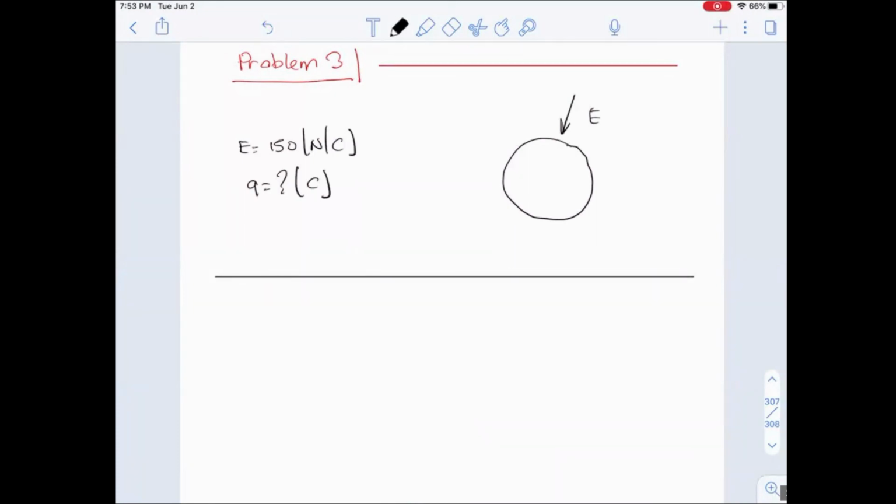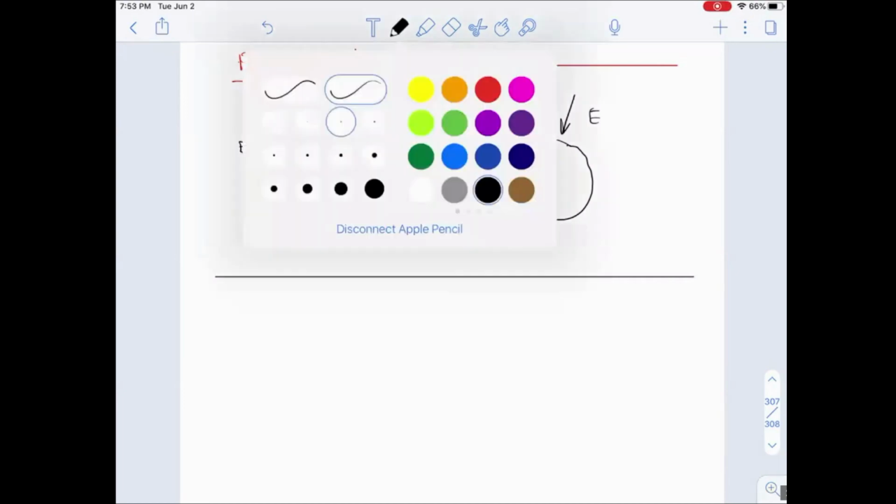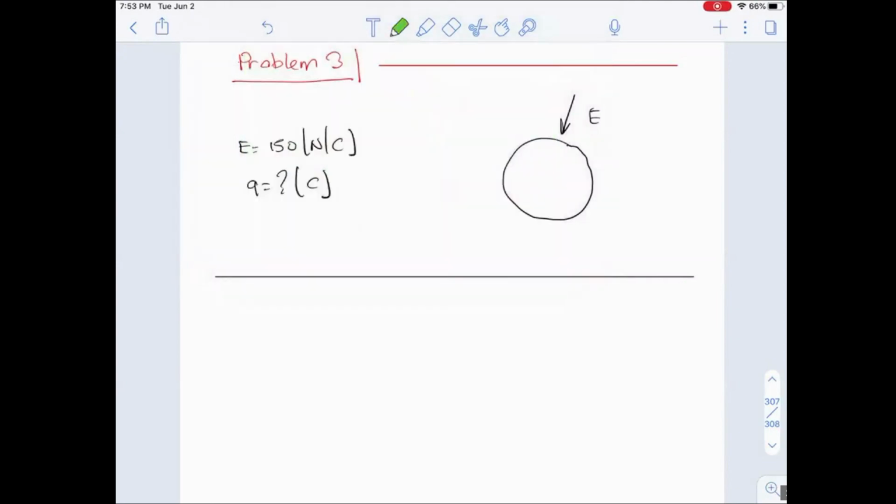All right, how do you do a problem like this? What you need to do is use Gauss's law. The best thing to do is just place your Gaussian surface right where the surface of the Earth is. So this is your Gaussian surface. And look at the net charge inside.